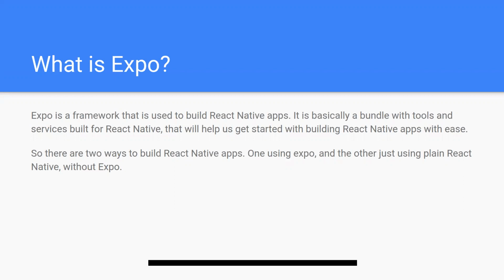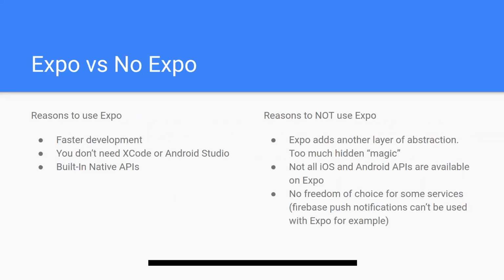Basically there are two ways you can get started with the React app. Either you choose to use Expo or you don't. So what are the main differences and when to choose one option or the other? Expo will get you started faster and will help you develop faster. Let's say, for example, you are on a short deadline, you're working with a client and they need their app as fast as possible. In this context, Expo is probably your best bet.